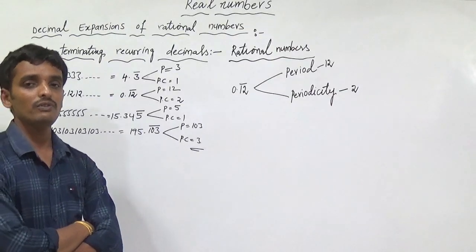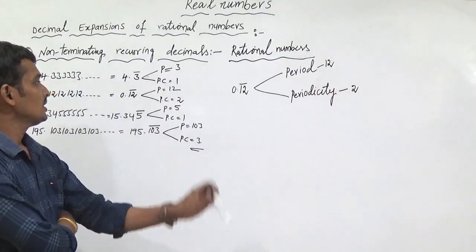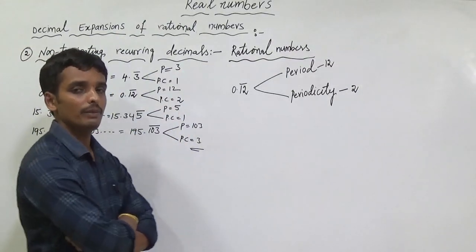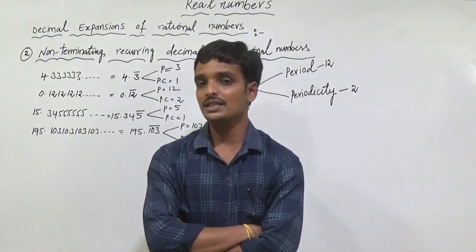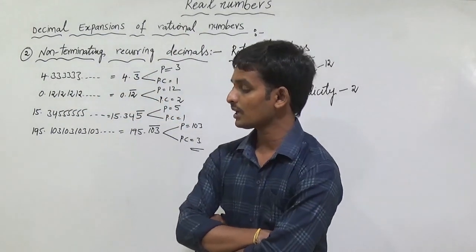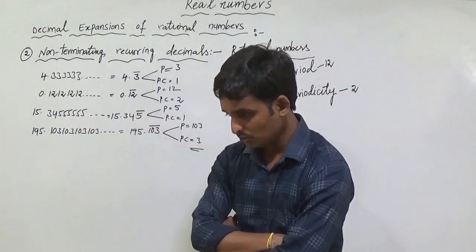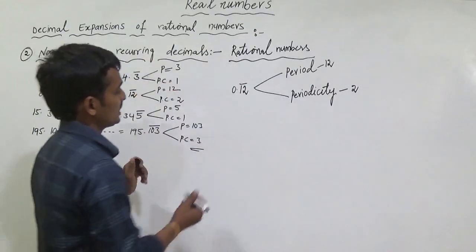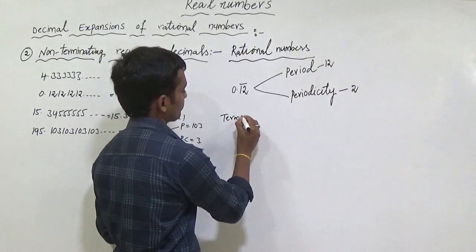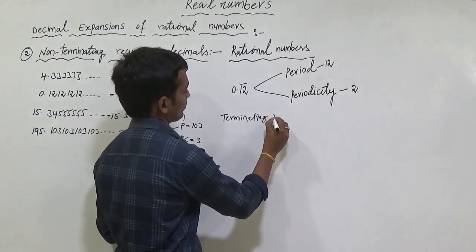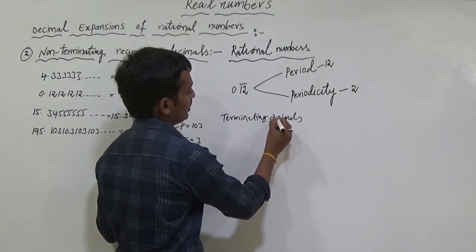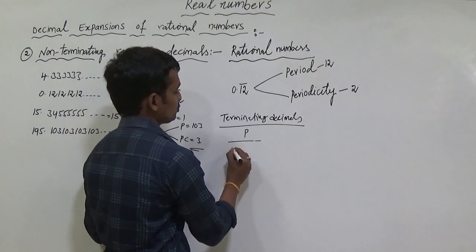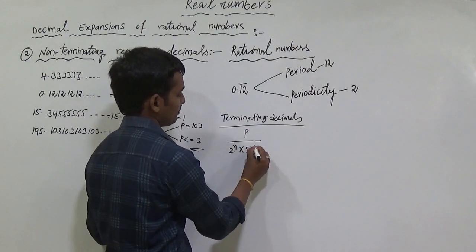In the next class, we will discuss how we can convert these non-terminating recurring decimals into rational numbers in the form of P by Q. And one more thing, from the previous class, terminating decimals: in terminating decimals, the denominator Q is in the form of 2 power n into 5 power m.